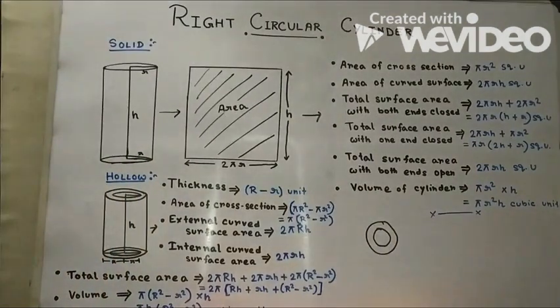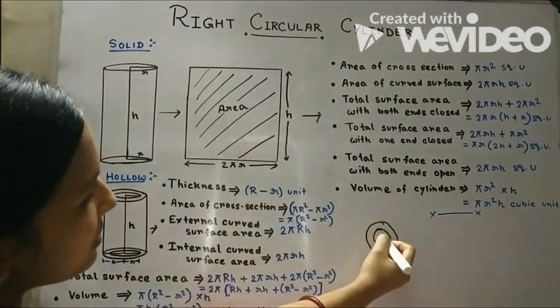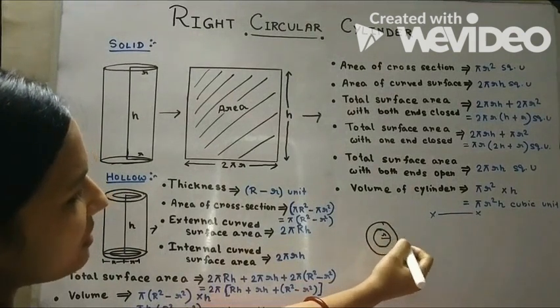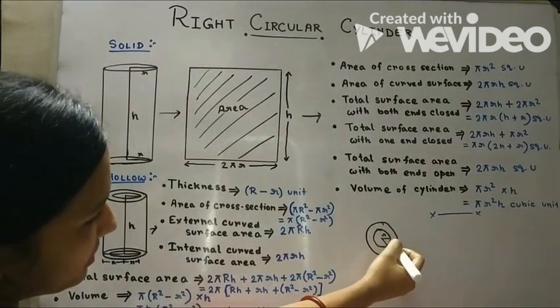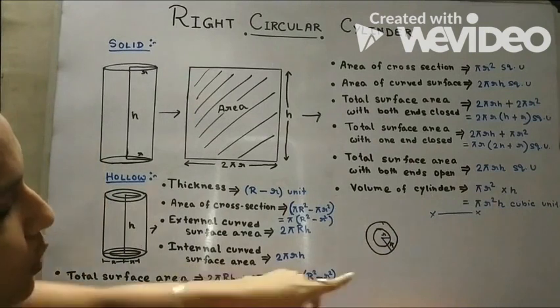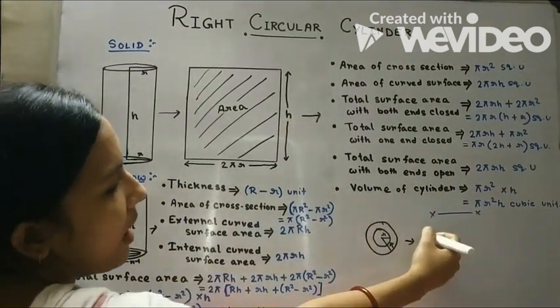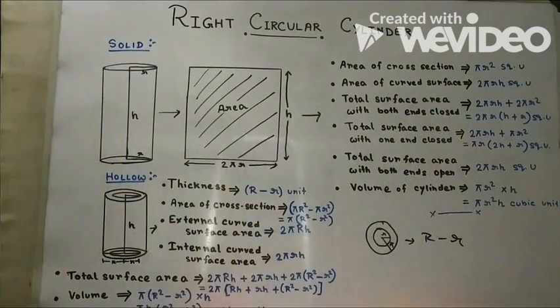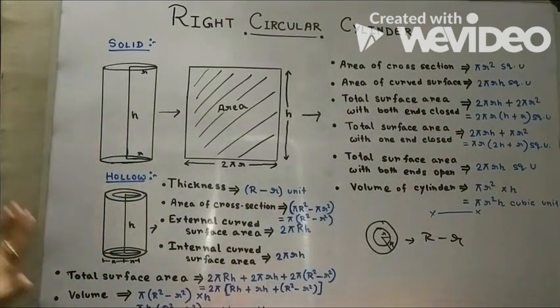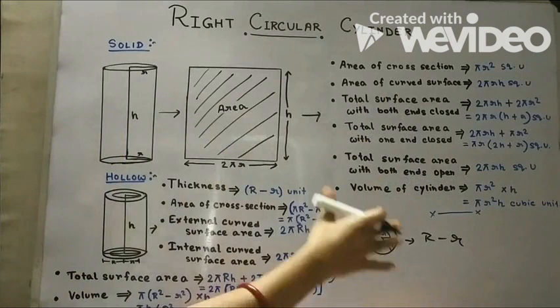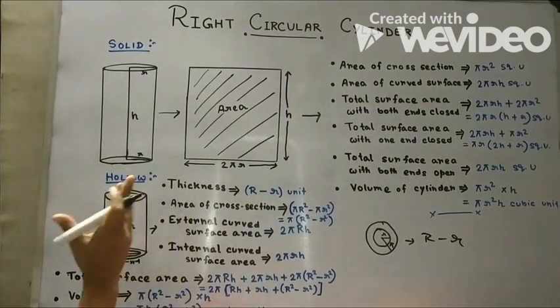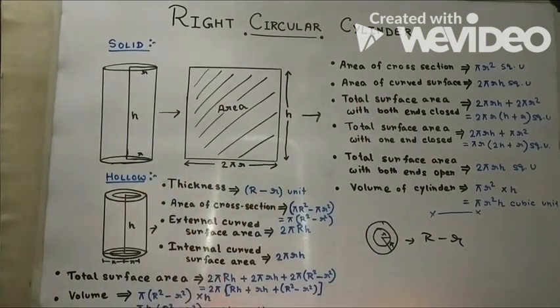So in a ring there is a radius called small r and a radius called capital R. The thickness of the ring is capital R minus small r. Similarly, in the case of a hollow cylinder, the thickness will be capital R minus small r.